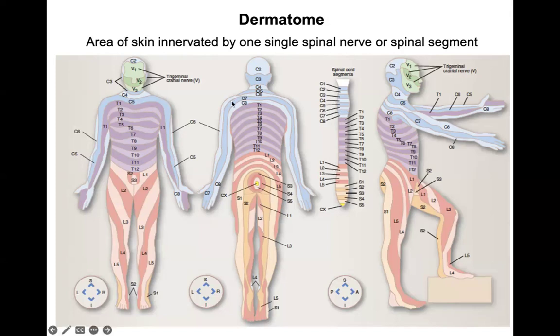So let's say if you touch here on the shoulder and if you touch on the finger here, even though the receptors are different, at the end, it will merge into the nerve that enters at the same level. Okay, so C7.